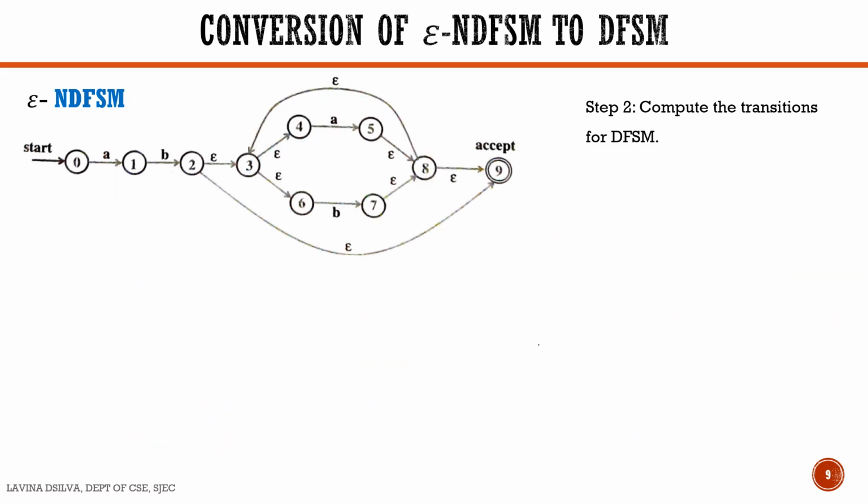Therefore I'll just rewrite the composition of all the states here. So we have state A. State A is equal to 0. Then we have state B. State B is equal to 1. State C was equal to 2, 3, 4, 6, 9.